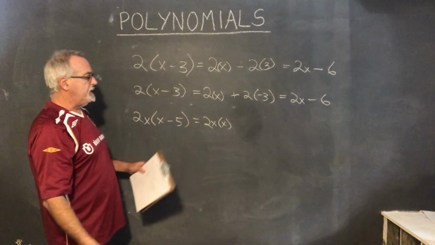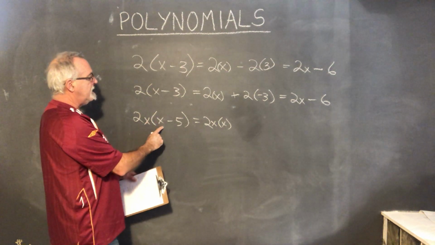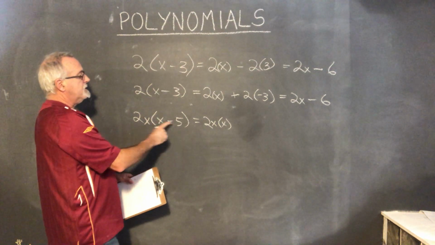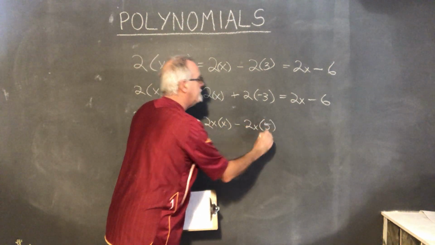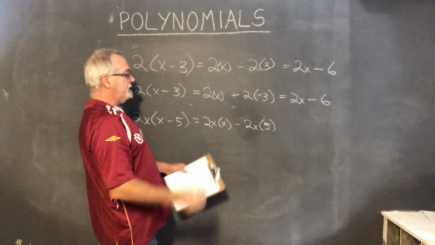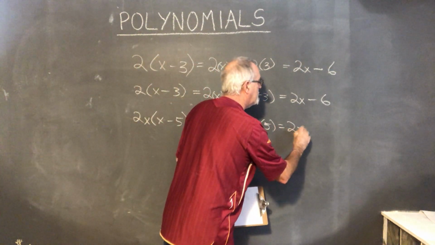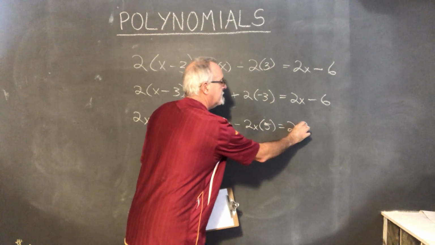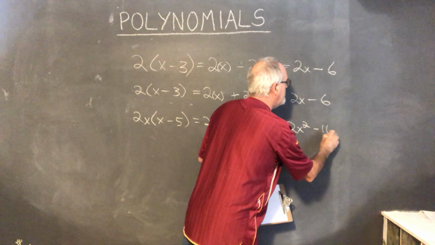I'm not going to write it 2 ways every time, so I prefer to say 2x times x minus 2x times 5. I guess that's my preference. And then we just have to multiply and simplify. 2x times x, of course, is 2x squared. So we're reviewing a little bit about exponents too right now. Minus 2x times 5 is minus 10x.